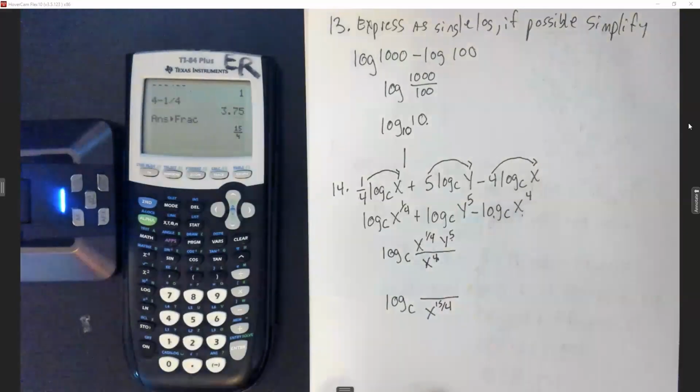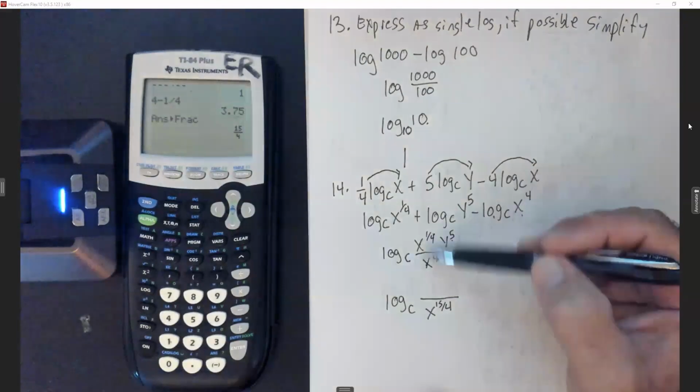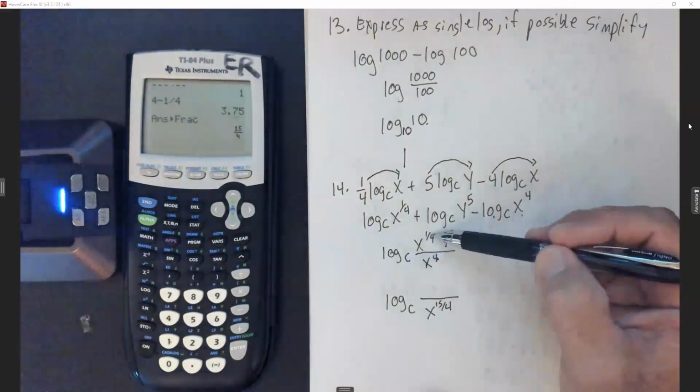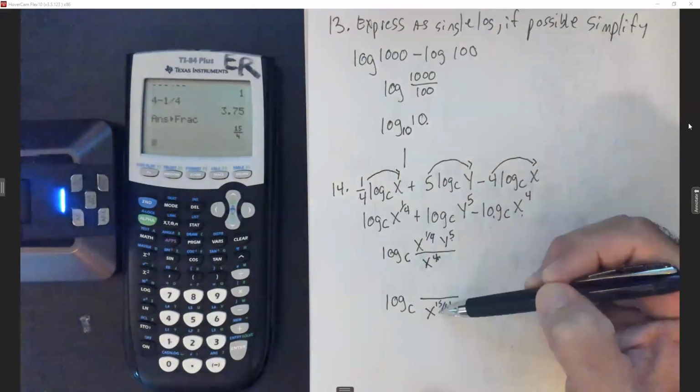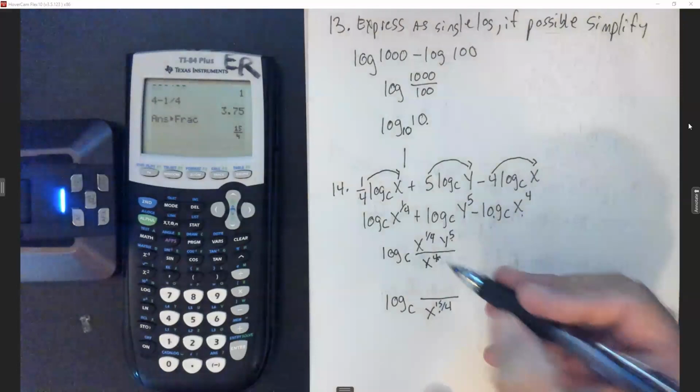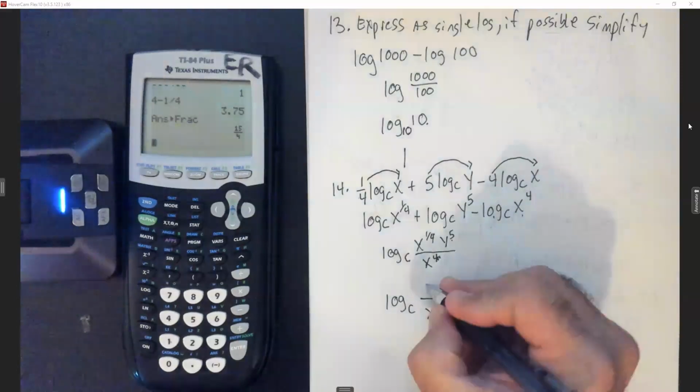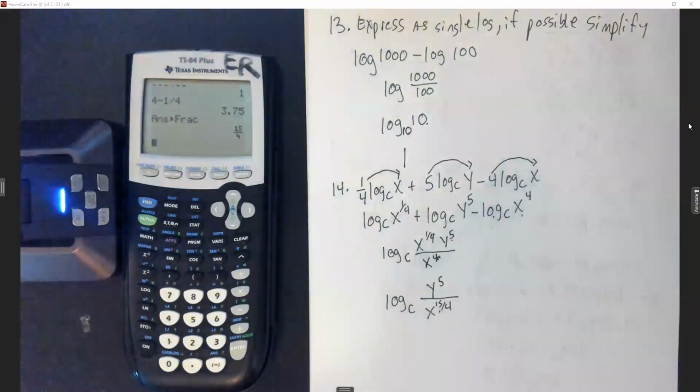So remember, when you're dividing, you always subtract the smaller exponent from the larger exponent and leave the answer where the larger exponent was. And y'all, on top is still what? A y to the 5th. So the y didn't have a y on the bottom to worry about. So y'all, that right there is your final answer.